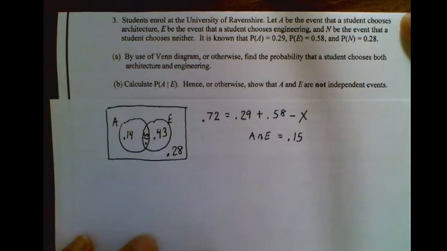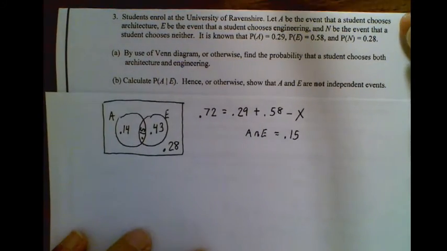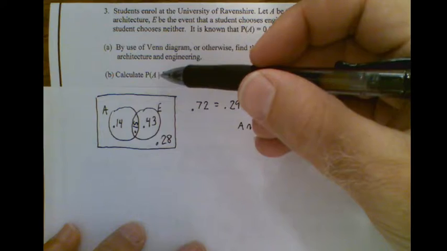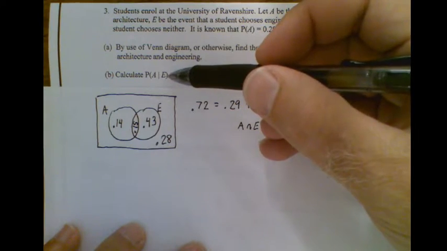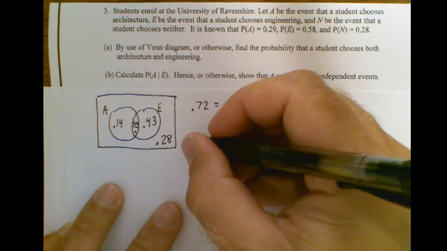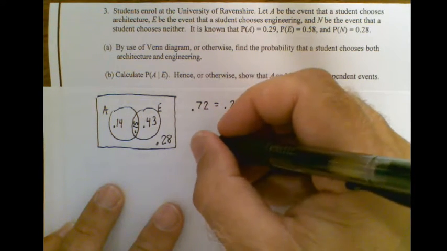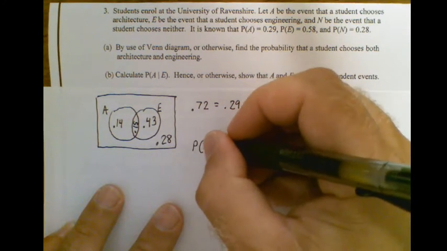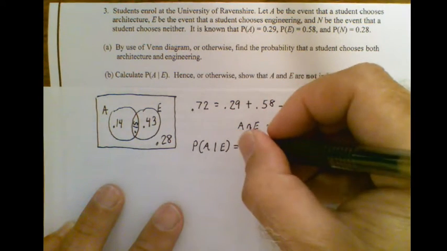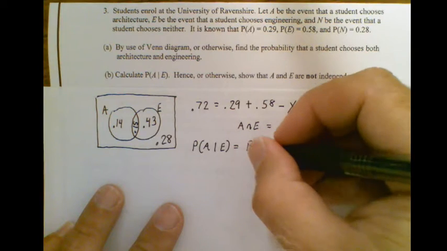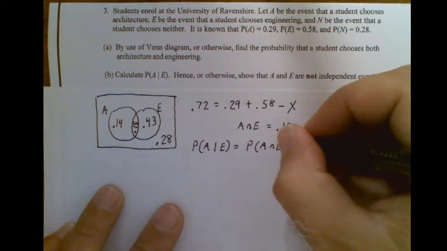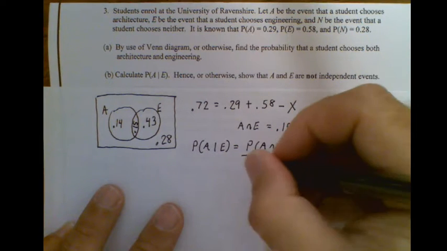Let's move on to part B. Calculate the probability that a student does architecture given that they do engineering. We've seen before with formula work that the probability of A given E is the probability of A and E, and it's always over the given.